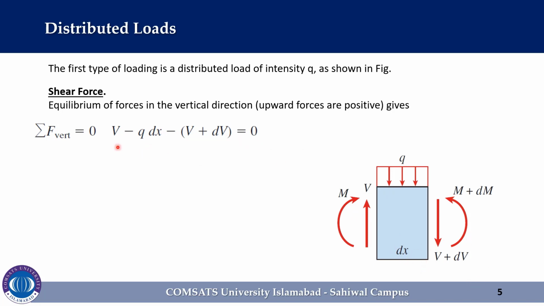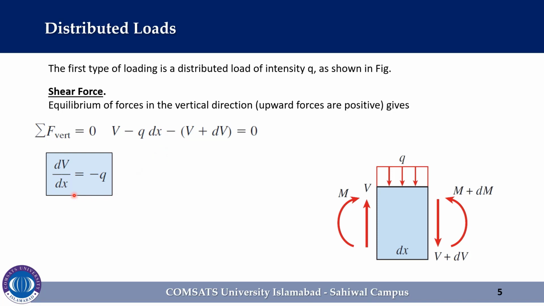Here V is the shear force on the left face of the element, V plus dV is the shear force on the right face, and q is the intensity of the distributed load. After some simplification, the expression reduces to dV over dx is equal to minus q.